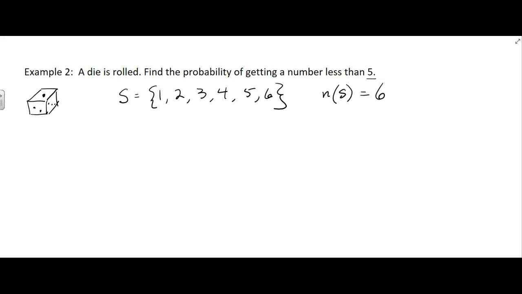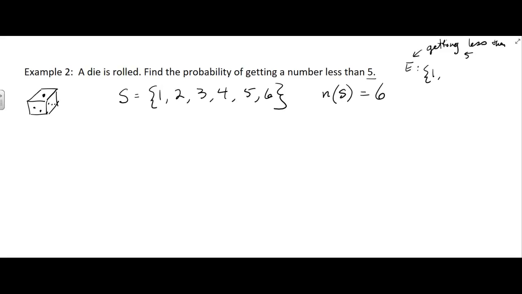Now we're trying to find the probability of getting a number less than 5. The event is getting a number less than 5. So what outcomes is that?